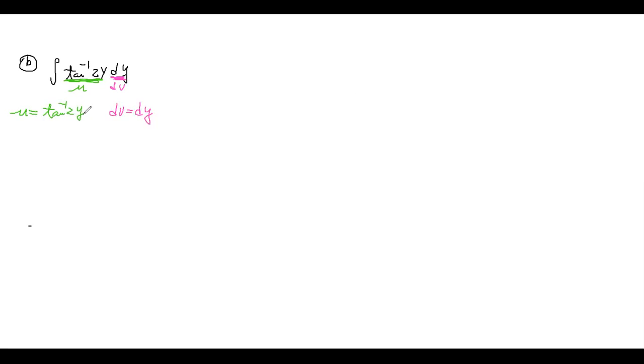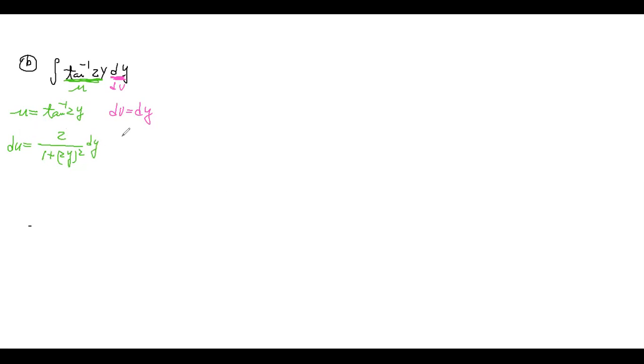So the green one, you take the derivative. Okay, so du here is equal to, by using the formula from the previous page, 1 over 1 plus x squared, right? But it's a chain rule here. So this will be 1 plus (2y) squared, then by the chain rule you have 2 dy here.